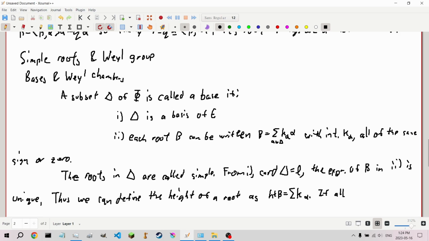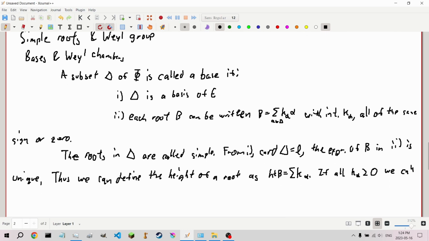If all k alpha are positive or zero, we call beta positive, and likewise negative if they're all negative. Or say that beta is greater than 0.